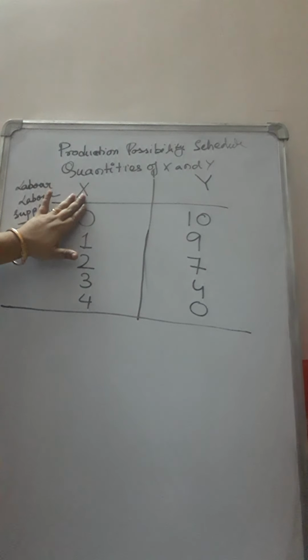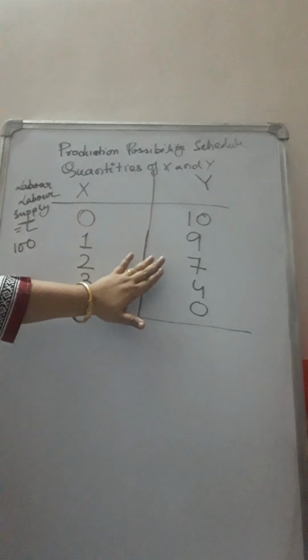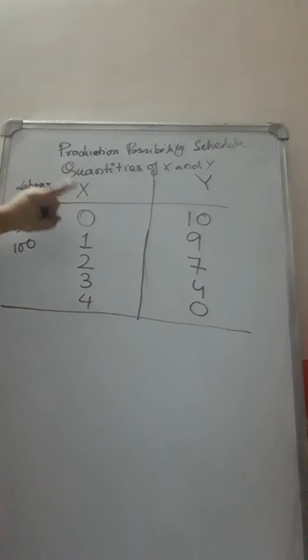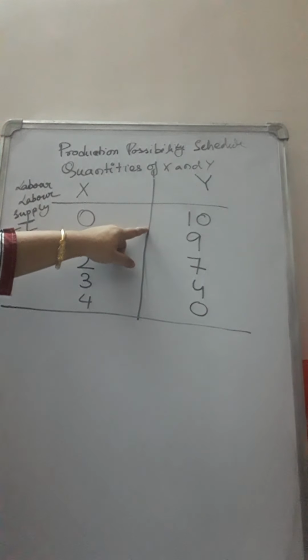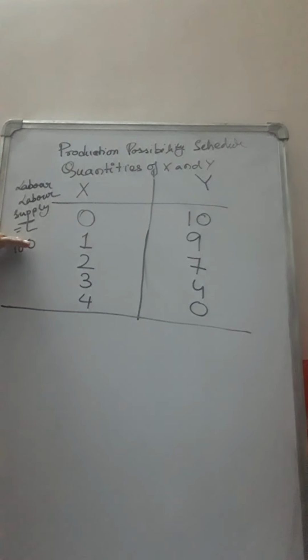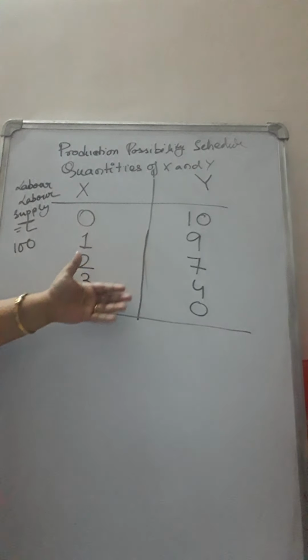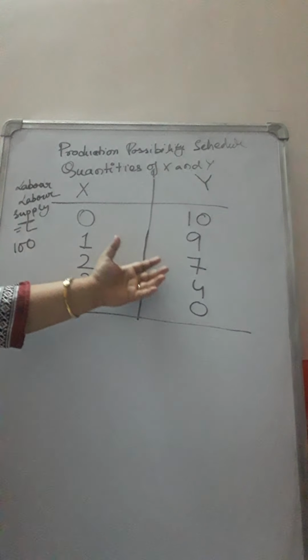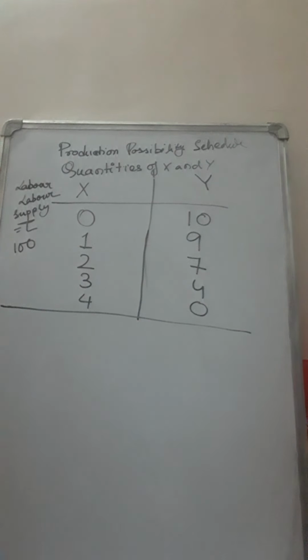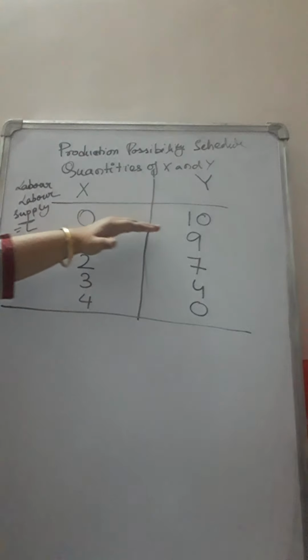So once again, what does this table show? The table shows if the economy is producing X and Y commodity with a given amount of labor, say 100, then what is the production possible of X and Y? And what are the combinations of X and Y that you can get inside the country? In the first case you can see 0 and 10.